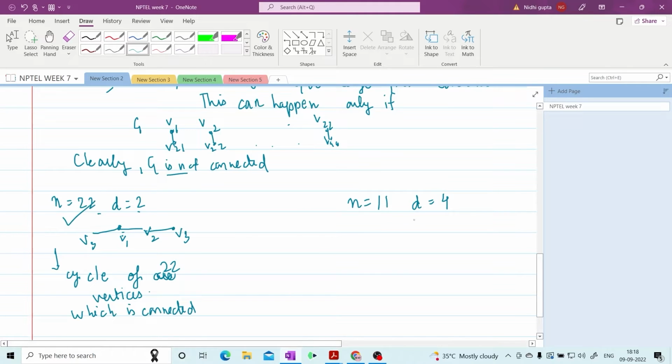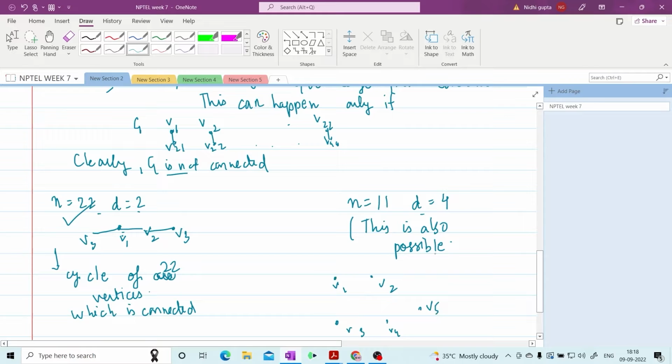Now we have n equal to 11 and we want d equal to 4. We can see this is also possible, because if you have v1, v2, v3, v4, v5, these are the 5 vertices and you are ordering them in some manner.